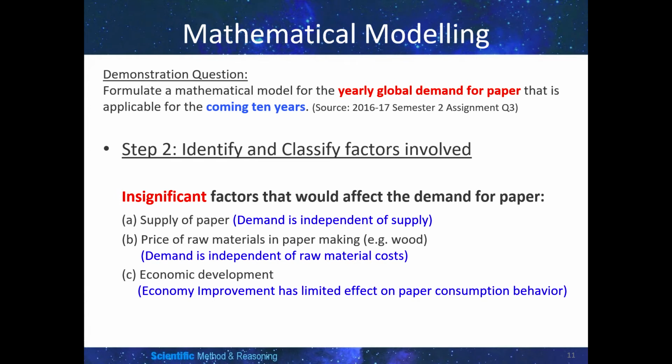Here, the supply of paper will be independent of the demand. Price of raw materials in paper making is also insignificant because demand is independent of raw material costs. And the third insignificant factor will be economic development, because economy improvement has limited effect on paper consumption behavior.